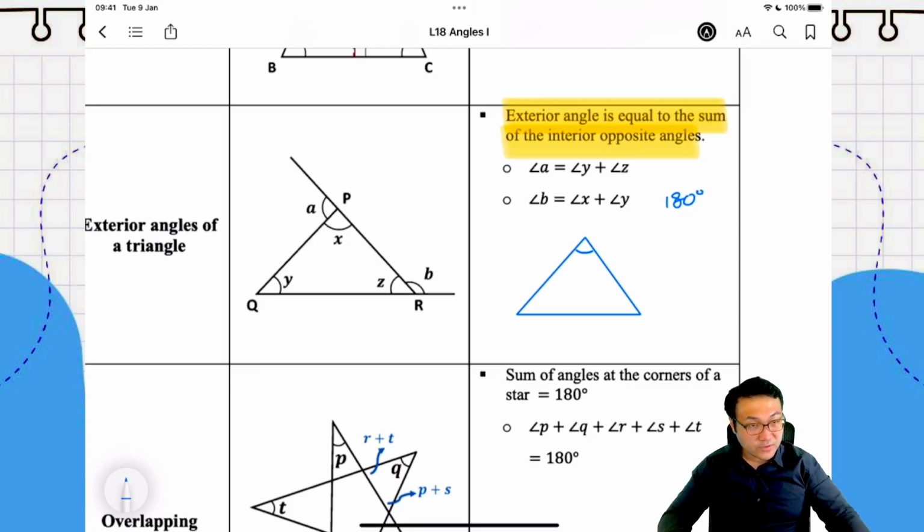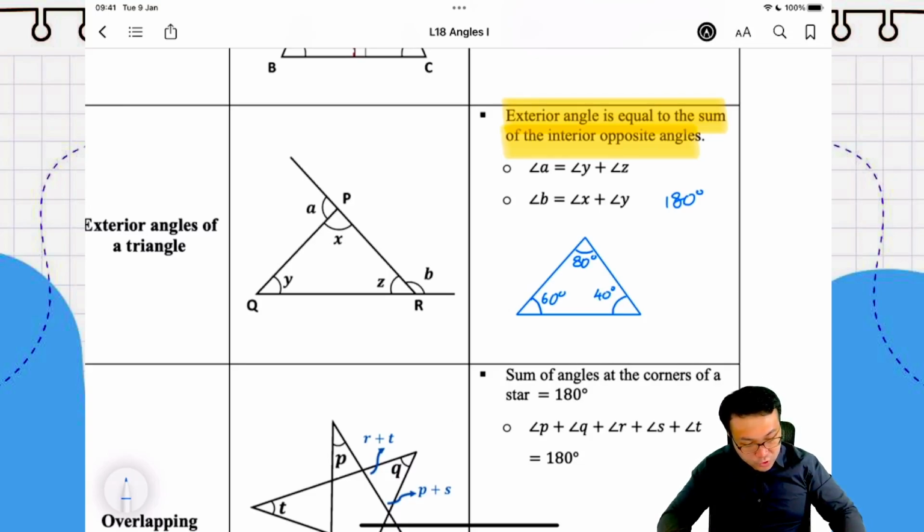That is the total sum of angles in a triangle. So let's say I have 80 here, and let's say I have 60 here. Then what I should have here is 40. So you add all together, you get 180.